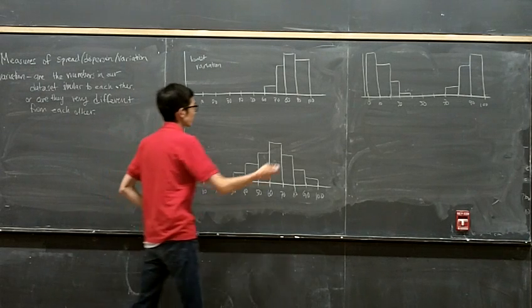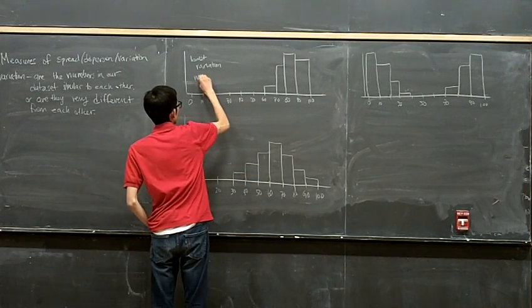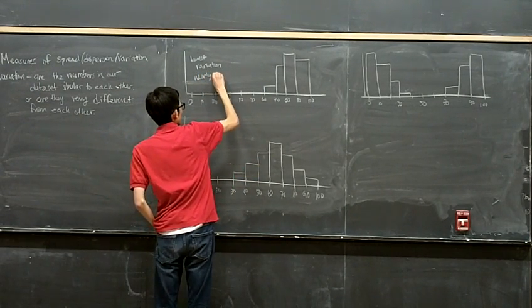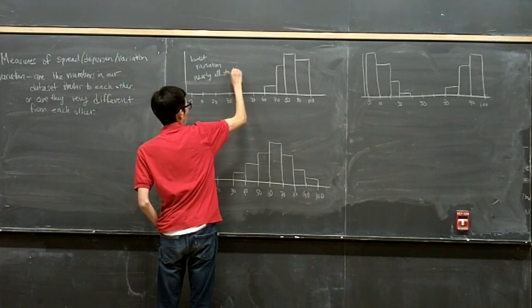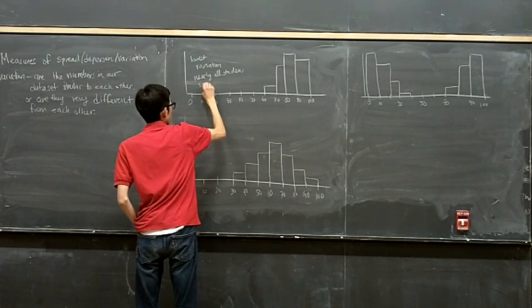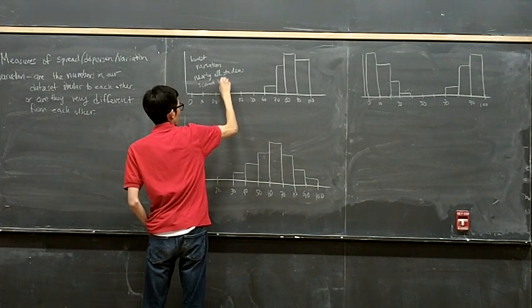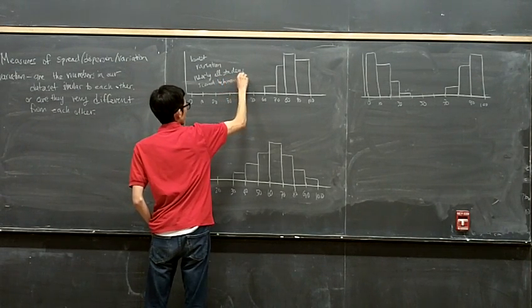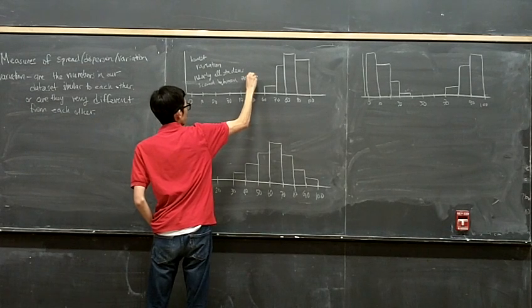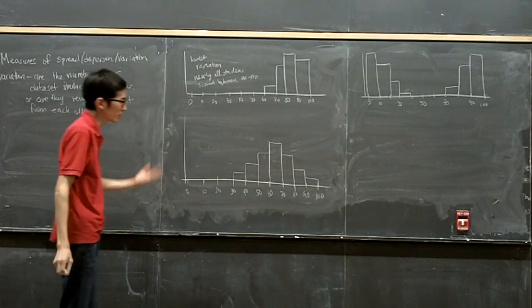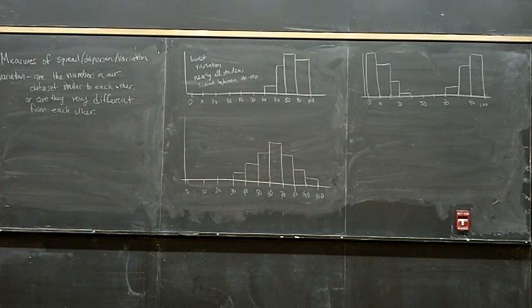So nearly all students scored between 70 to 100. We could even refine this and get more detail.